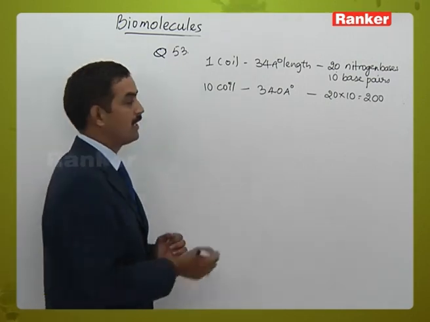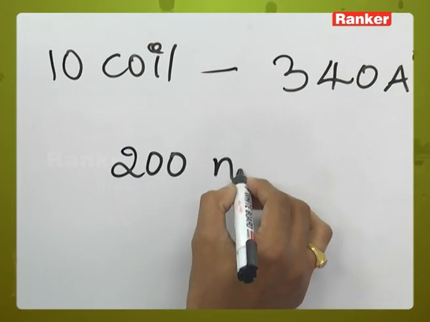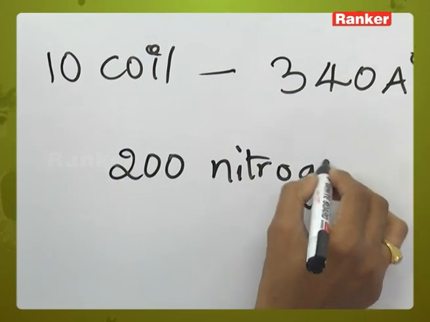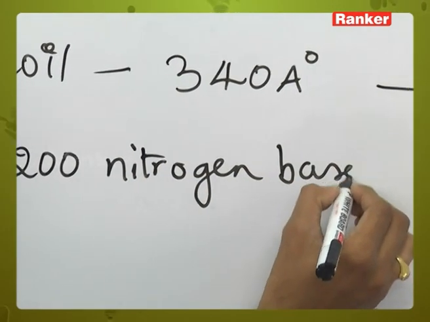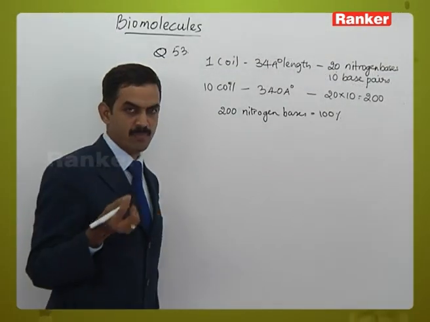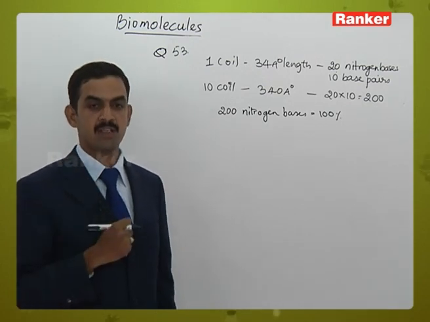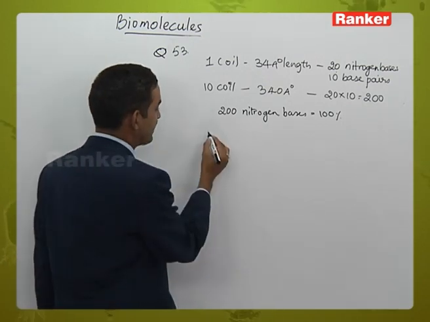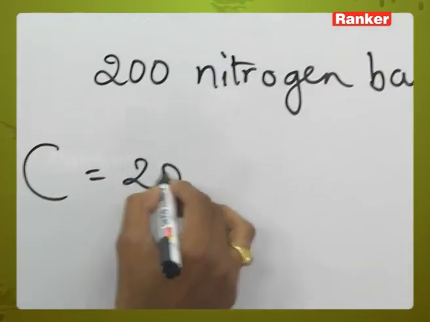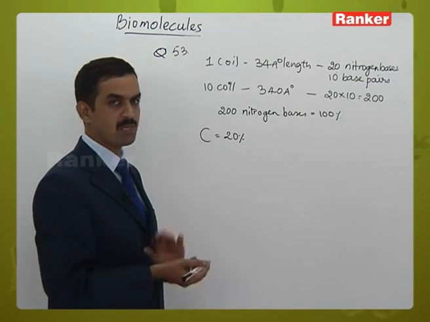200. Then these 200 nitrogen bases equal 100%, because whatever the number of nitrogen bases present in a DNA, that is equal to 100%. Now one more clue is given in the question: cytosine is 20%. Out of this 100%, cytosine is 20%.